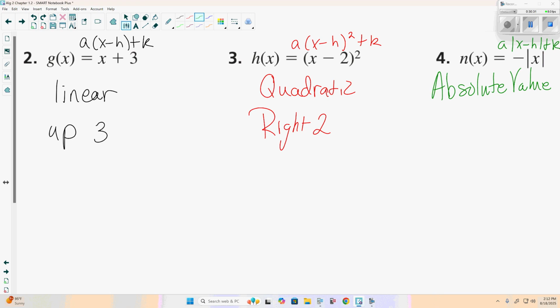Do we have a value for a? Yeah, a is 1, but it is negative. Because there's a negative in that a spot, we know it's a reflection across the x-axis. Even though a is 1, because it's negative, it's a reflection across the x-axis.